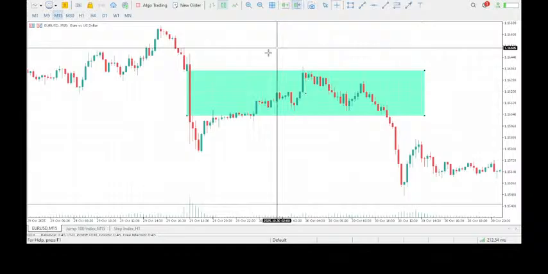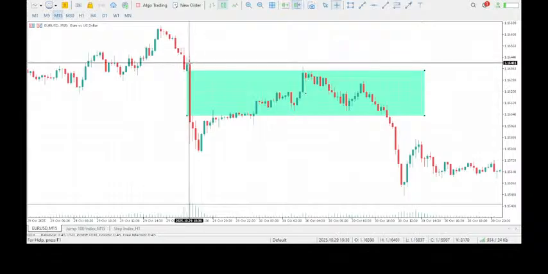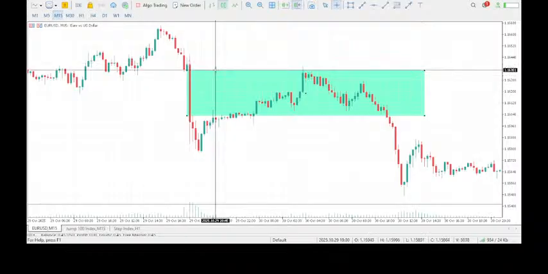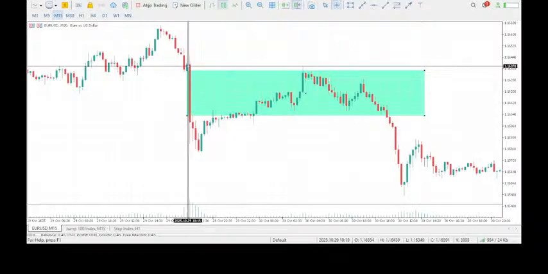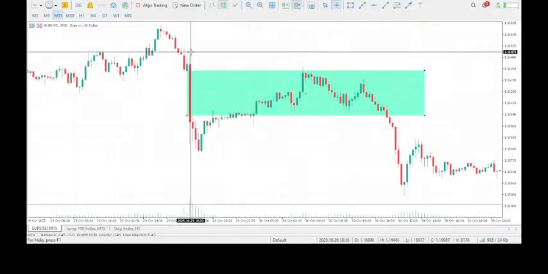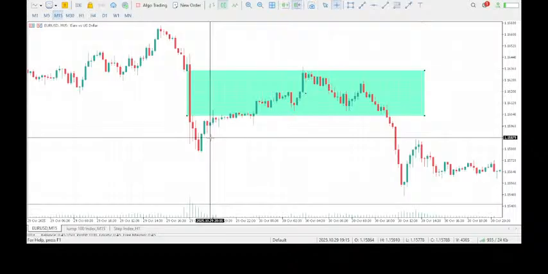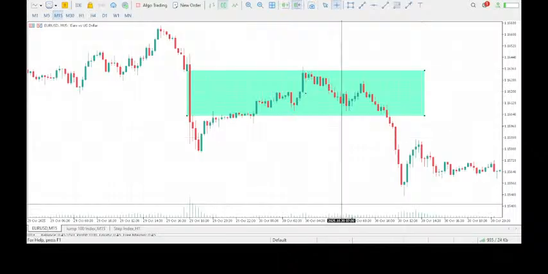For me, an order block is an up-close candle that was overridden by the down candle, this one. So I would regard this as an order block, and this order block was also respected. I don't want to see it being taken out or being closed out. So also one of these candles was respected.